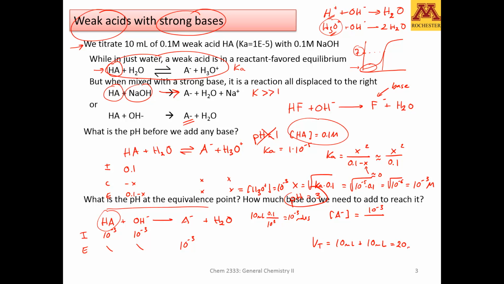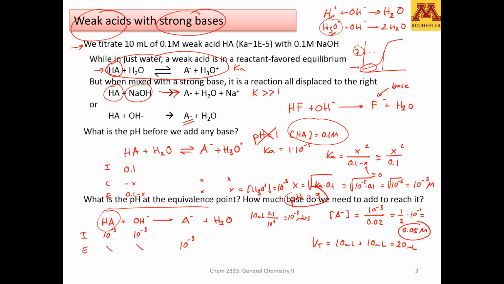This is 20 milliliters, in other words 0.02 liters. So this will be 0.05 molar.